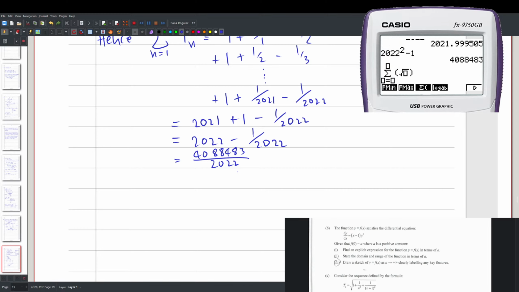I can test it. 1 plus 1 on x squared plus 1 on x plus 1 squared, from x is 1 to 2021, times 2022. Alright, let's leave that running for a while.